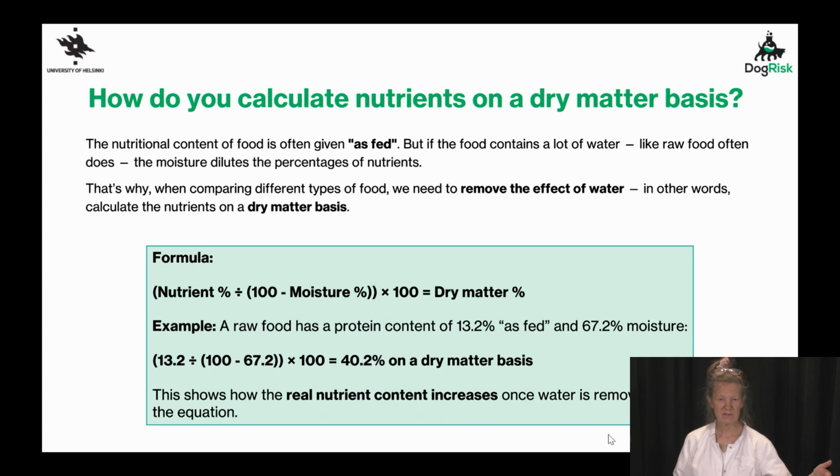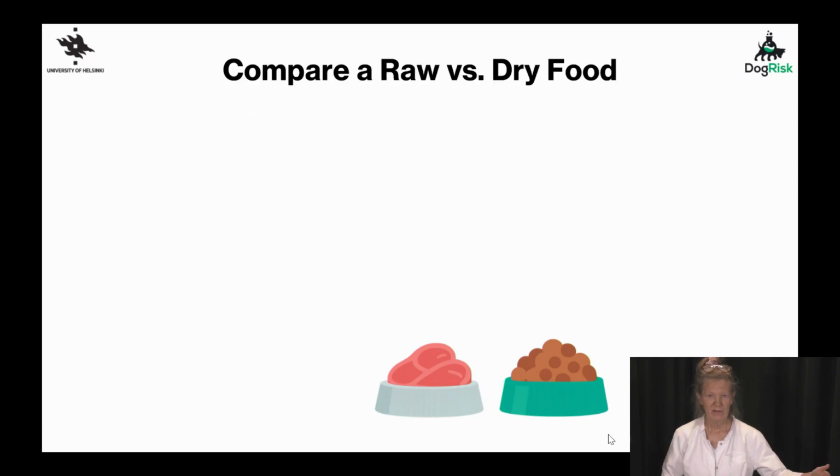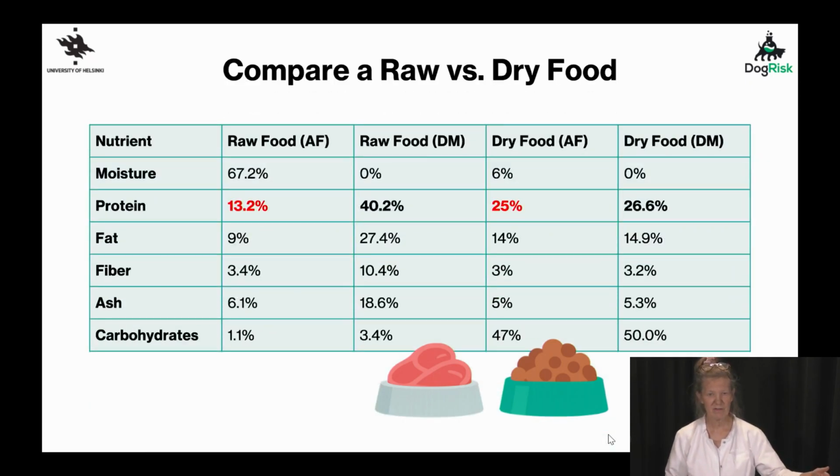With this one, it's much easier to compare this food, which happened to be a raw food, to another one that is a dry food. So here I'm comparing: the first two columns are the raw food as fed and dry matter, and the second two are dry food as fed and dry food dry matter.